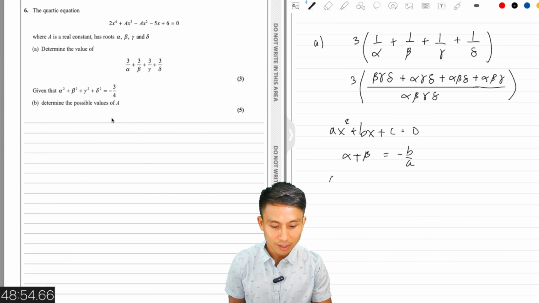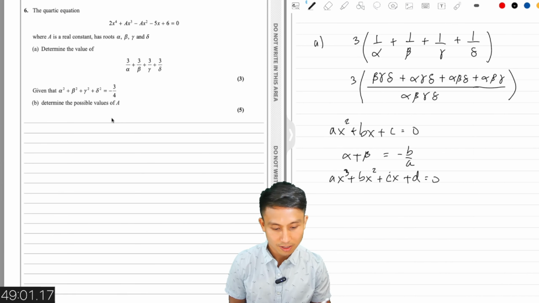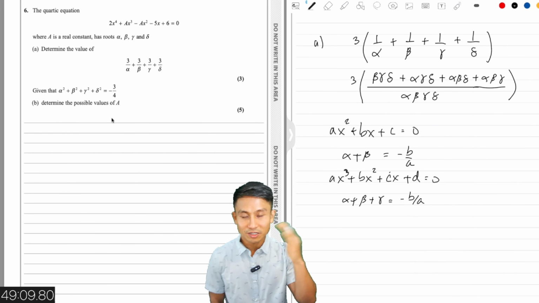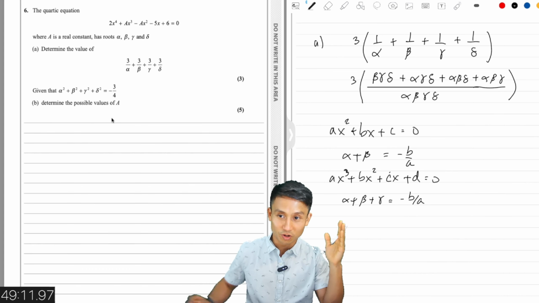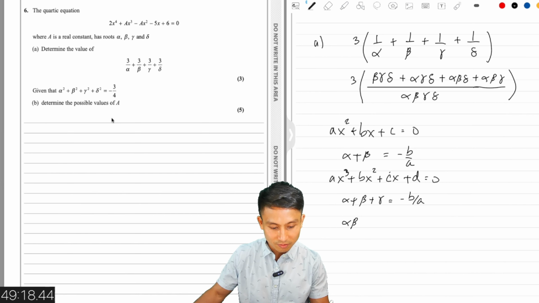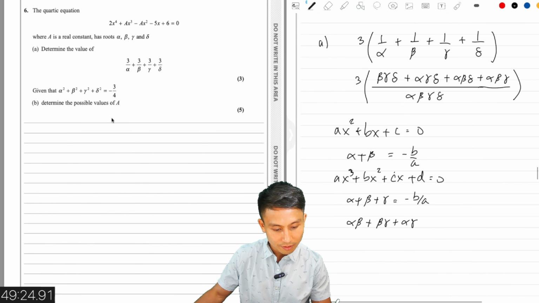But if it's cubic, then of course the sum of three roots now is going to be minus b over a as well. Basically, the sum of the roots is always minus b over a for all the polynomials. Easy. But for cubic, we can also do something else. It's the sum of two roots multiplied. So alpha beta, beta gamma, and alpha gamma, basically.